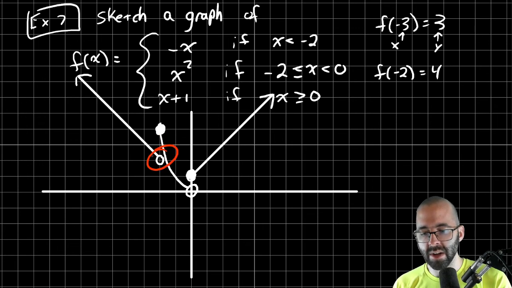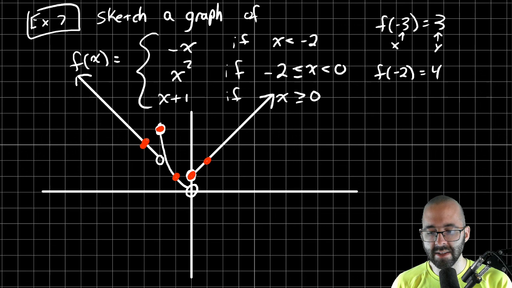Again, it's not this point. This is an open circle. It's not included. And you can actually do this with all of these and check all of our answers and see that all of the points that we commented on are on the graph. These are the points that we found in example 5. Every single point is on the graph. That shows that we did both example 5 and example 7 correctly.